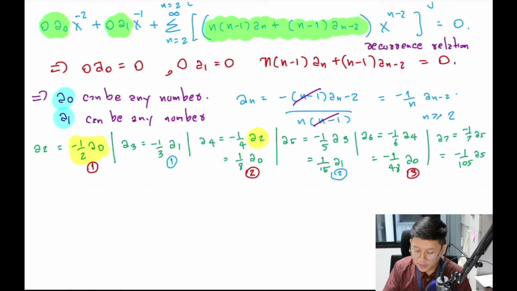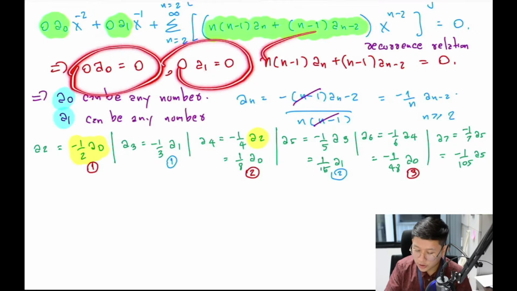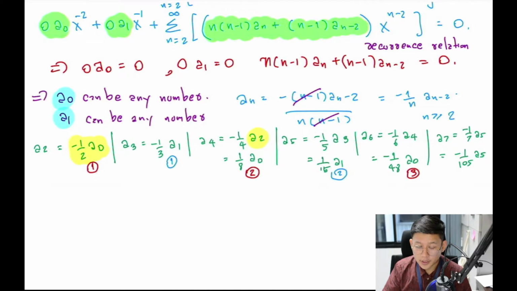Okay, let me recap here. We get this condition, and that condition. So here 0 times a0 is 0. It means that a0 can be any numbers, right? So a0 and a1 can be any number, and we use this relationship to find other a's. We can use the relationship to find a2, a3, a4, a5, a6, a7, blah blah blah.